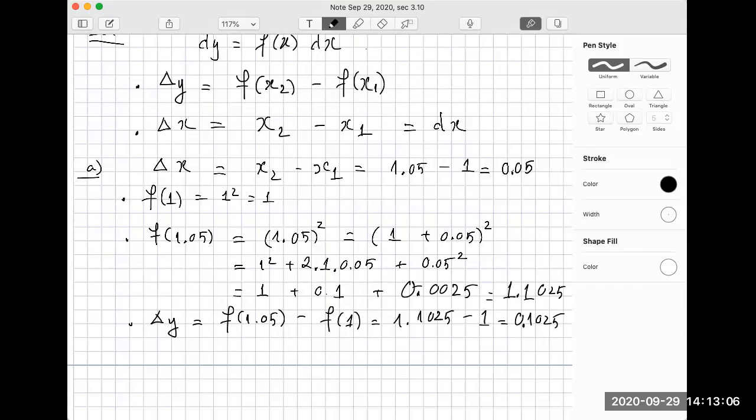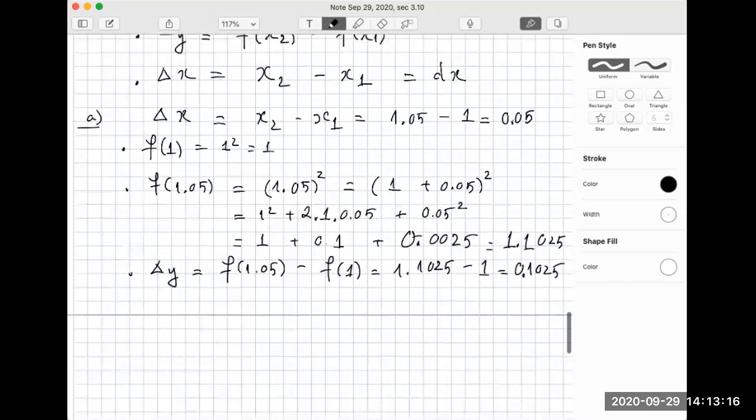Thank you. So that is delta y, right? So how about dx? So we know that dx is equal to delta x, right? Which is 0.05, okay?